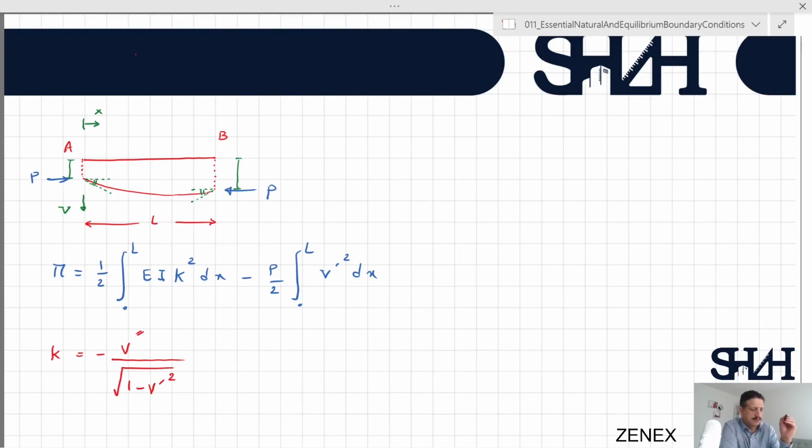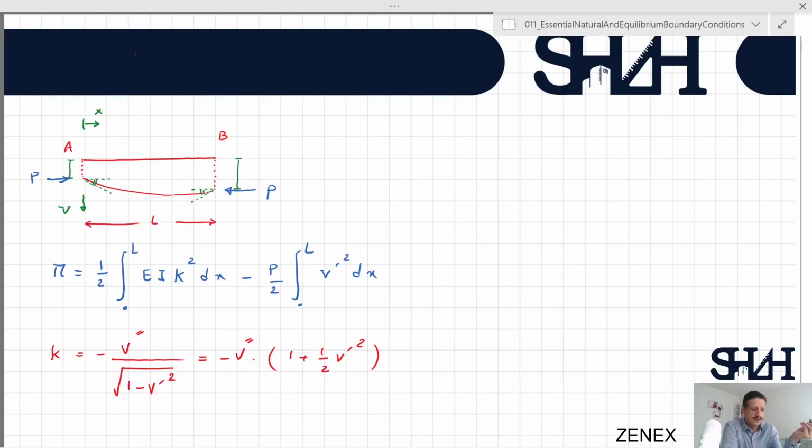minus V prime squared. When we are looking for the bifurcation point or the buckling force, we are not talking about the post-buckling. As a result, if we can recall from the other video, kappa can be written as the second derivative of V times 1 plus 1 over 2 V prime squared.